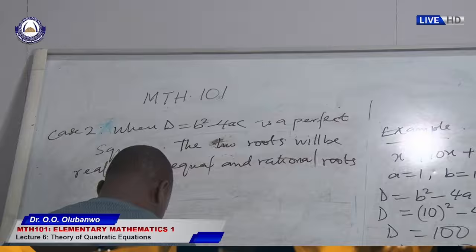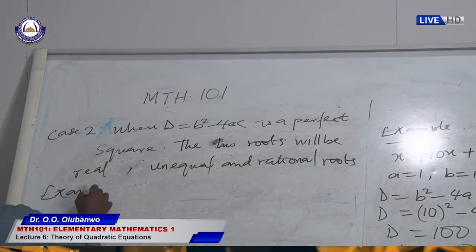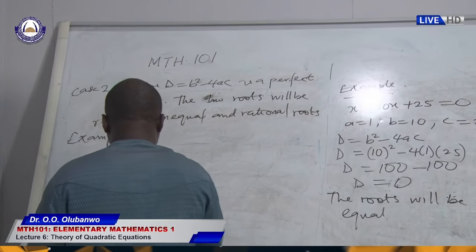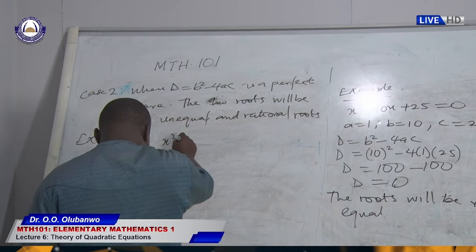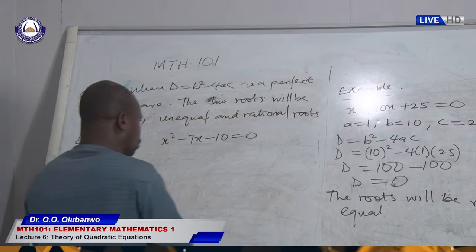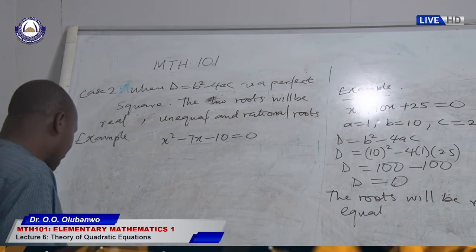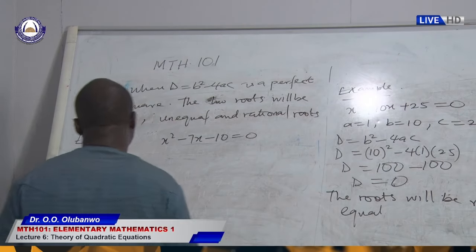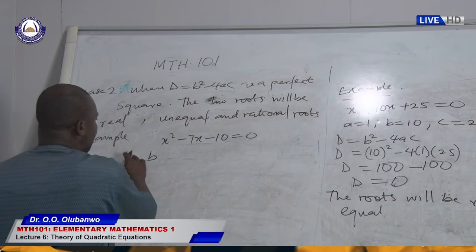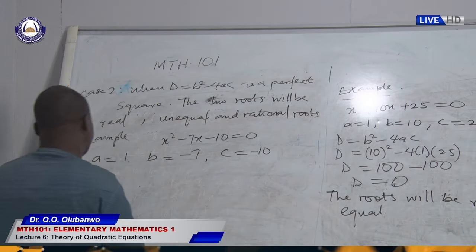A perfect example of this. Let's consider an example: x squared minus 7x minus 10 equals 0. Class, our A will be 1, our B will be -7, and our C will be -10.